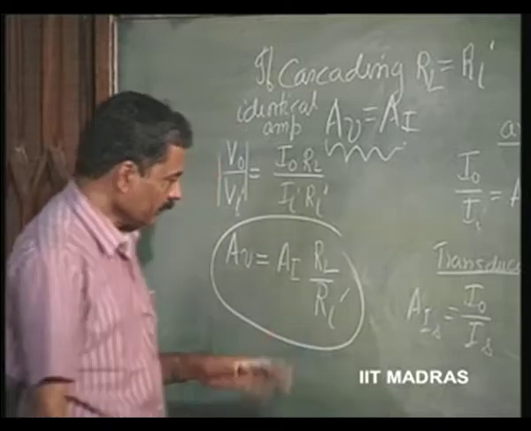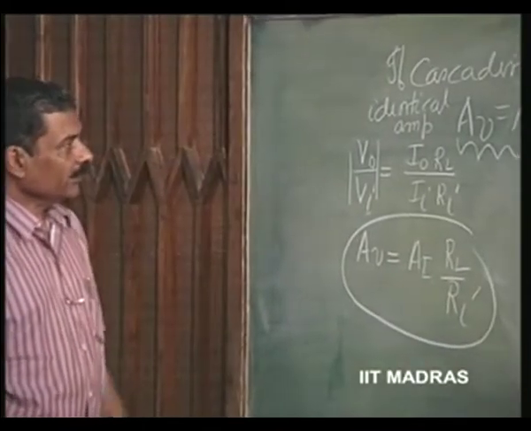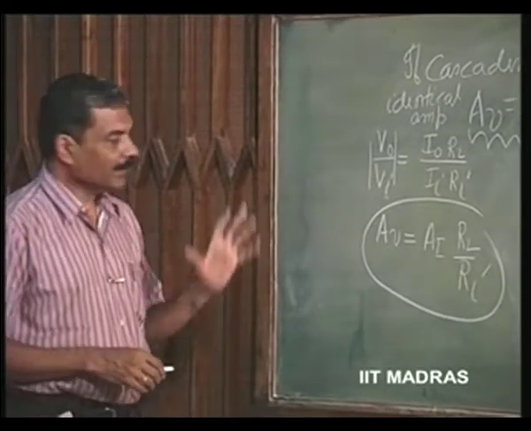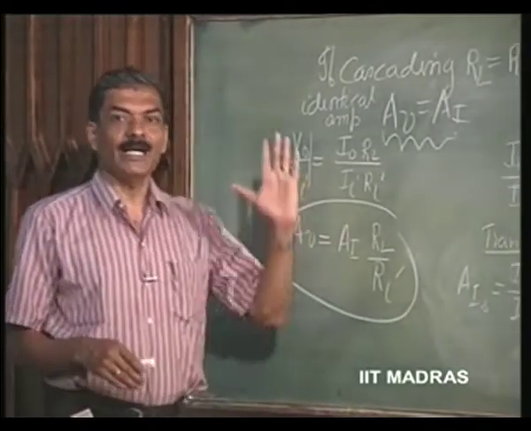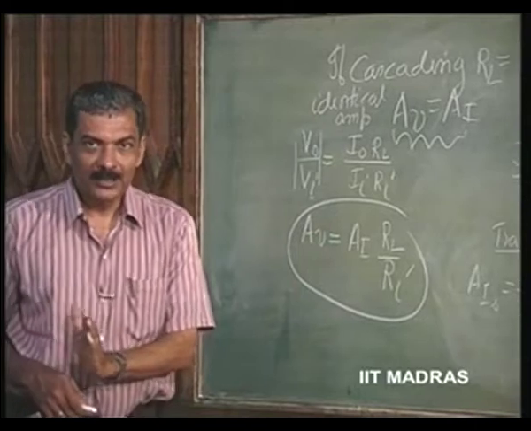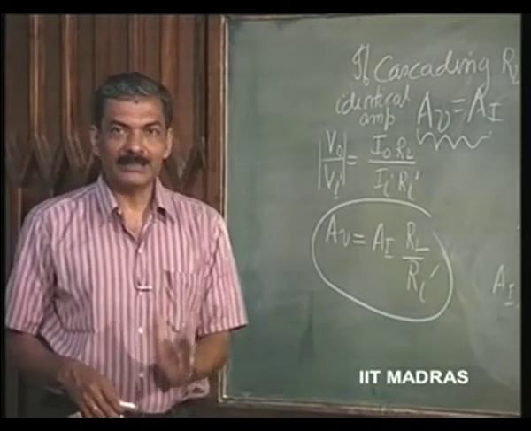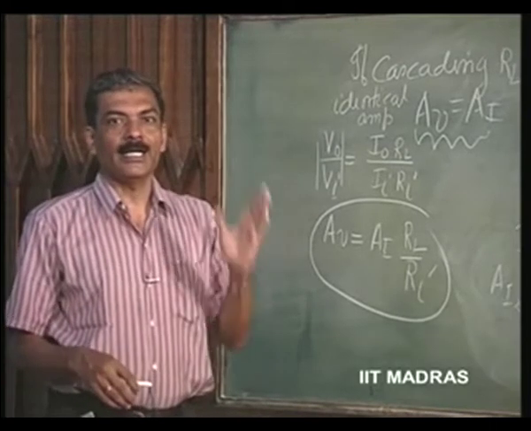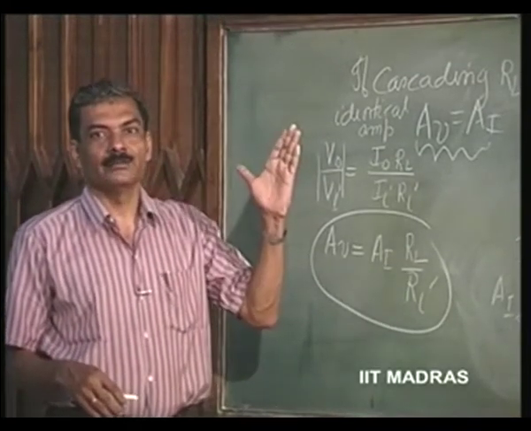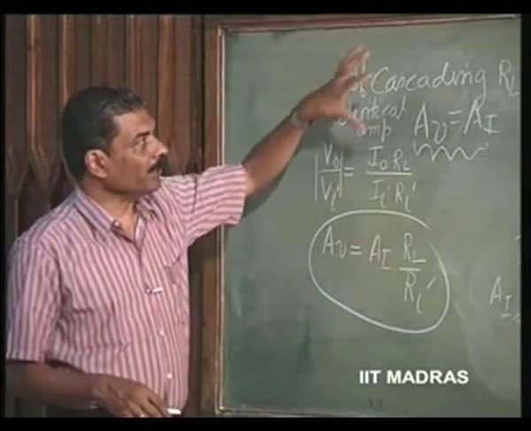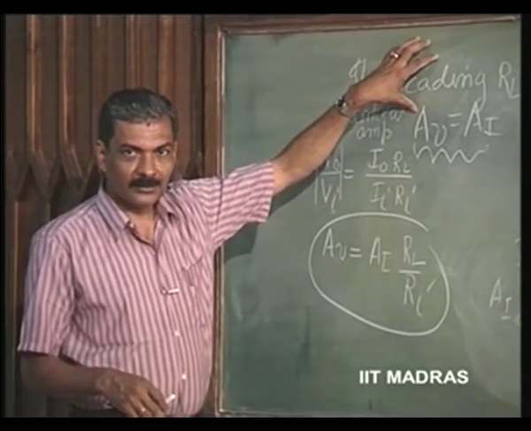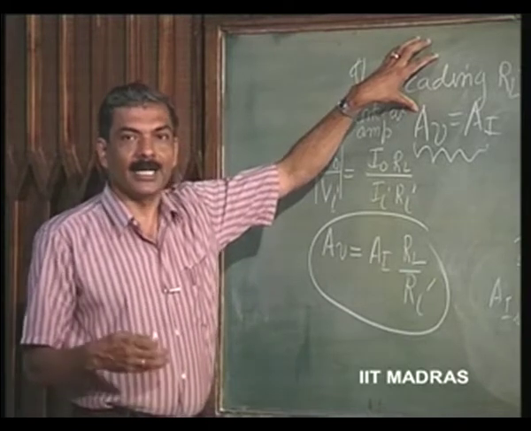This is a common sense thing that you have to remember: when I cascade identical stages, the stage that I use must have both voltage gain and current gain, then only it can act as a power amplifier. This is an important statement, profound in its effect on design.